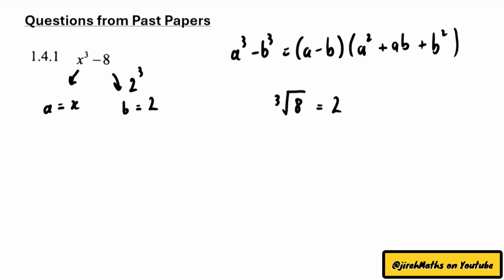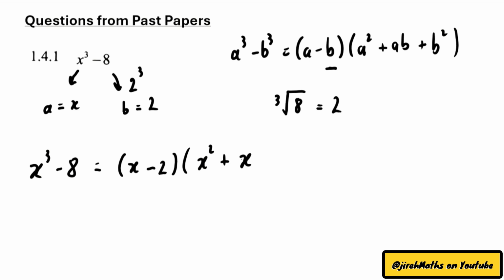Let's use the rule now with a equals to x and b equals to 2. Therefore, x cubed minus 8 is going to be equal to, instead of a, we're going to write x. Instead of b over there, we're going to write minus 2. Then it's going to be a squared, which is x squared, plus a is x, b is 2, so x times 2, plus b squared, which is 2 squared.